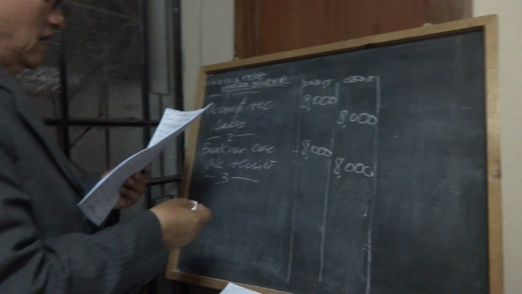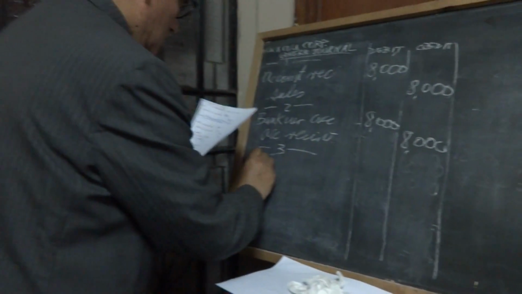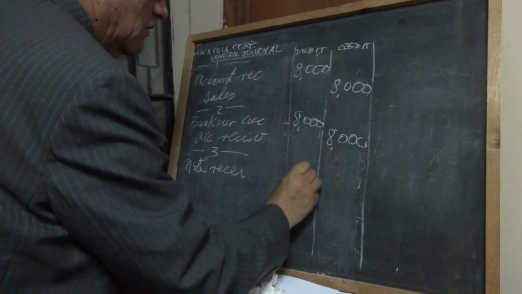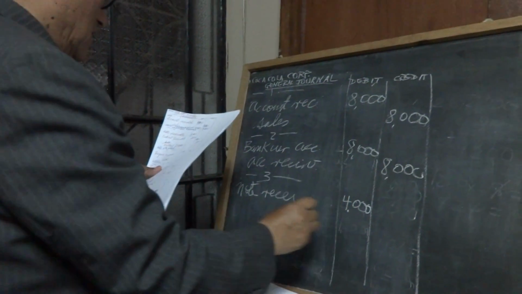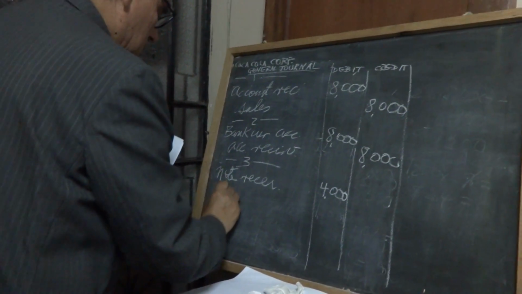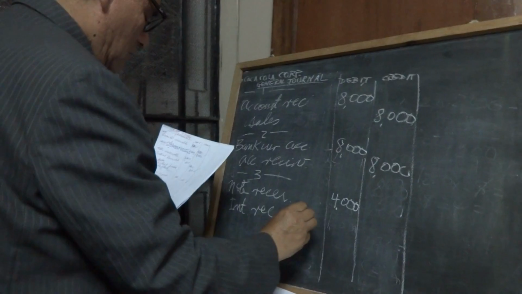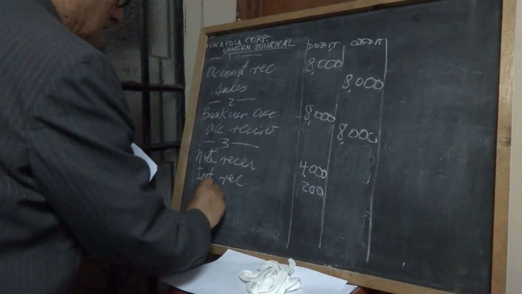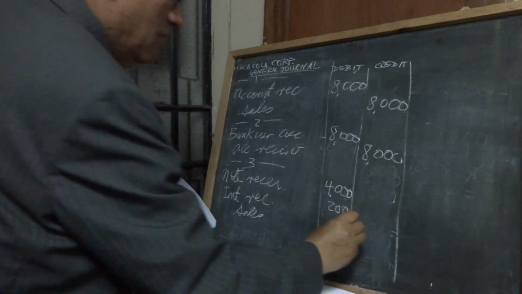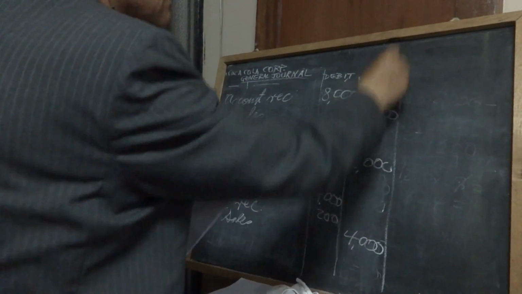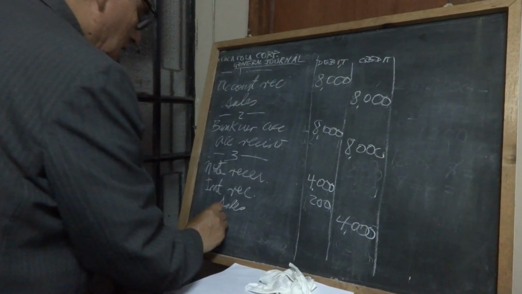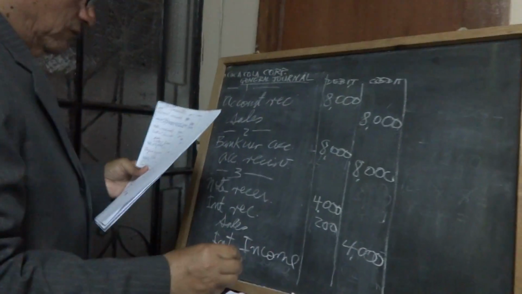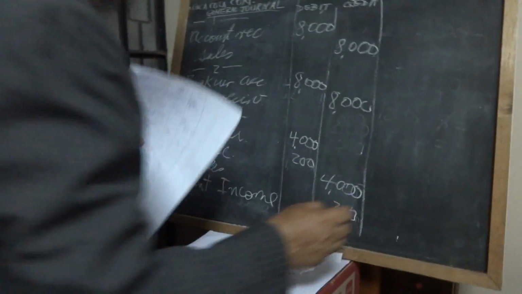The entry in the journal will be notes receivable for $4,000, column debit, and interest receivable for $200 on debit, and sales for $4,000 on column credit, and interest income for $200.